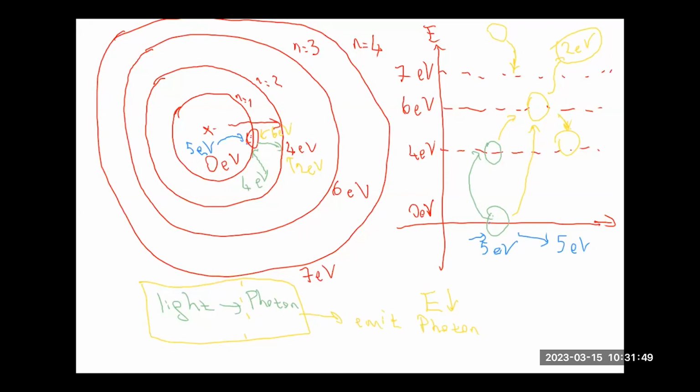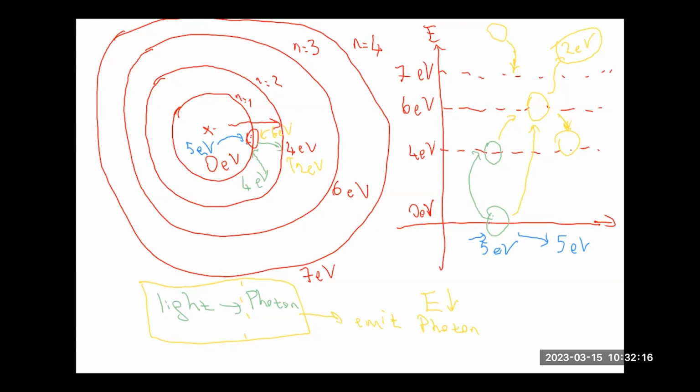Ismail, so sorry, please go ahead and ask your question. Hocam, in the third level, you said that if we release 2 electron volts, it will go down to the 4 electron volt state. So what happens if we release 1 electron volt? Is it possible? Electrons always occupy discrete energy states.